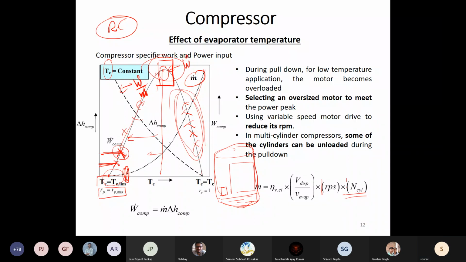So electronically, I can control the RPS, and mechanically, I can cut off a few cylinders in case it is a multi-cylinder compressor. If it is a fixed speed compressor, single cylinder, then I will have to go for a larger motor.